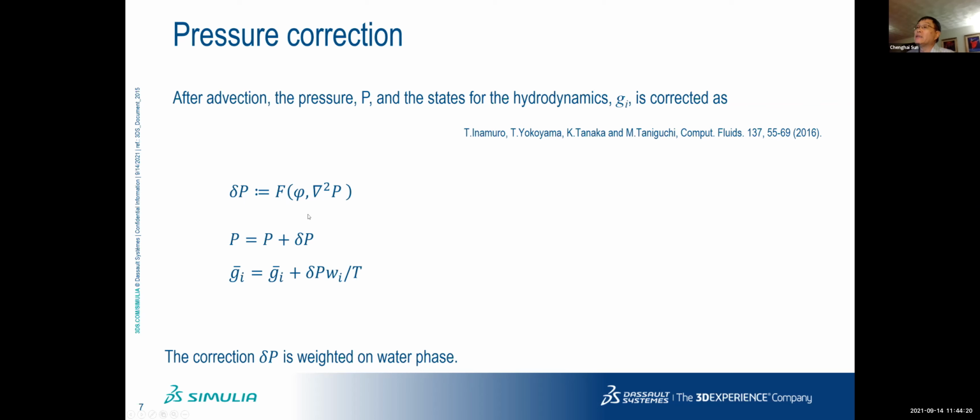And we add this delta P into the pressure and this delta P to the distribution function of G. So this term will remove some of the unphysical pressure oscillation for some cases.